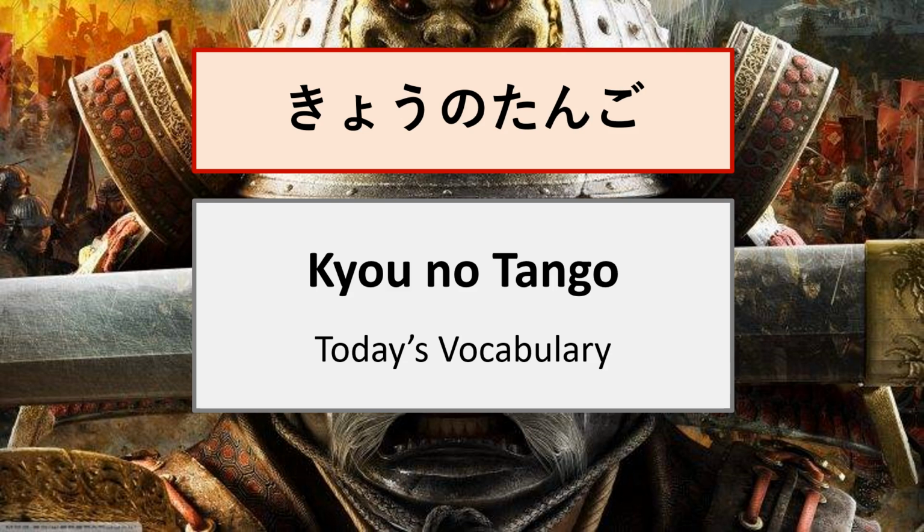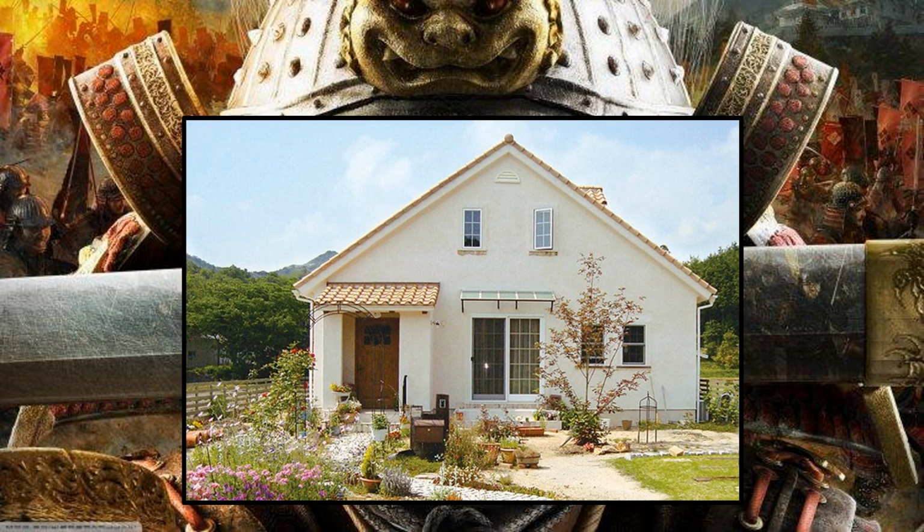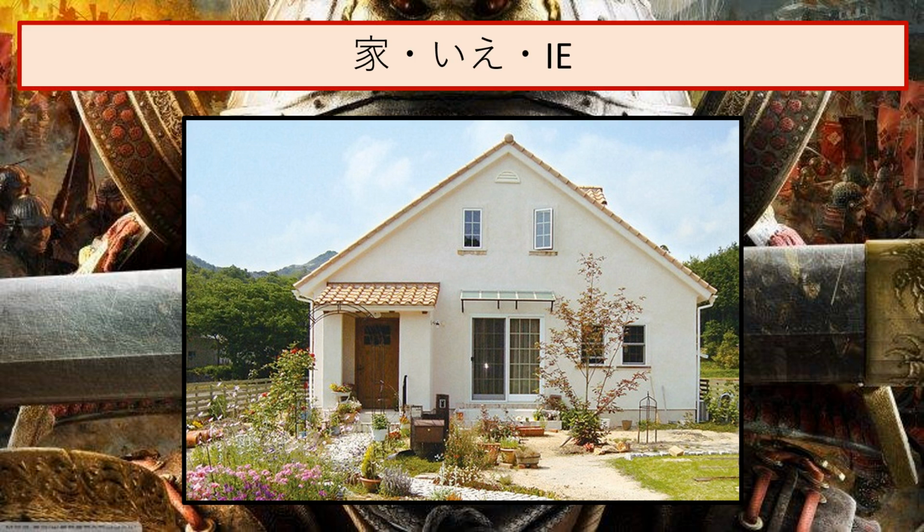So 今日の単語は家です。And you might be thinking, isn't ie no? And you're right. Ie is no, but ie with that shortened e is house. So please make sure you're drawing a little house.